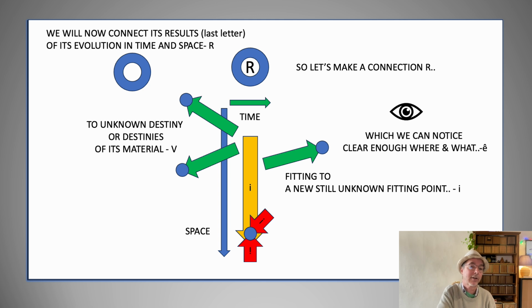The only thing that lost us is the last letter R that connects it all together, because that's a feedback system. In the end, the last letter always tells us, okay, where did we start from? Where are we going to? How shall we connect? We are connecting itself to all the changes of directions, of all the results of evolution in time and space, where all changes will be connected.